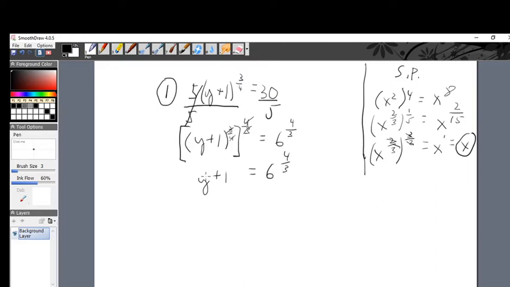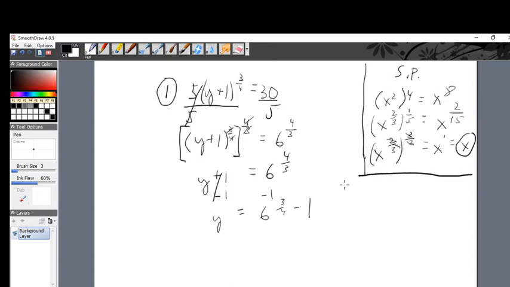Not bad. We're very close to y. One more move: minus 1 on the left side, minus 1 on the right side, and now we've got our solution to this equation. It's 6 to the 4/3 minus 1. And that's it, the problem is over. However, we're really supposed to check our answer.